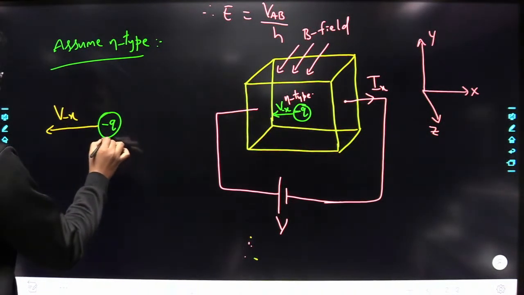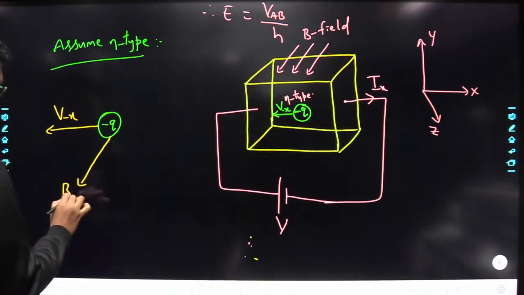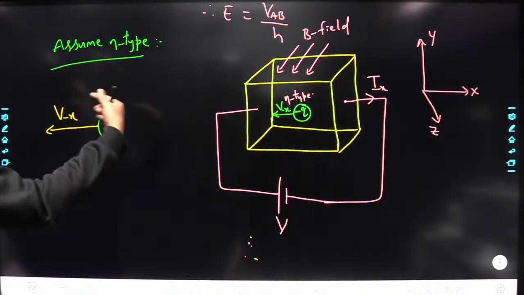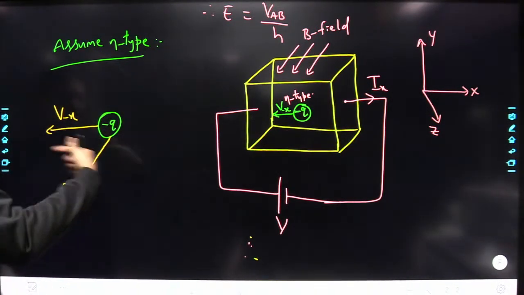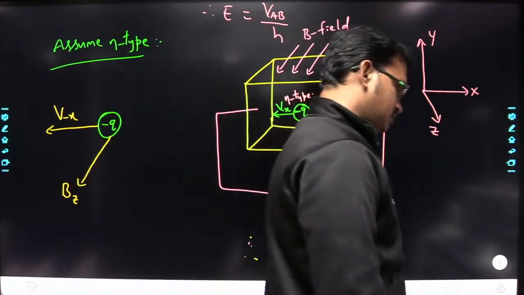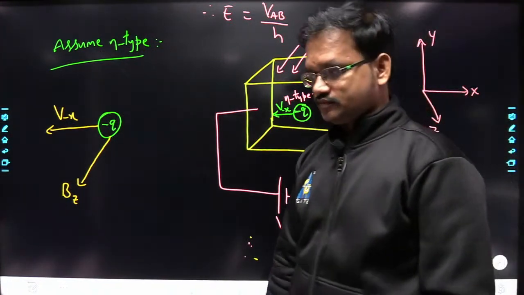And B field is acting out of the board, so it is BZ. Okay, so now in which direction it is going to experience the force? Tell me. The velocity is in negative x direction and the B field is in positive z direction. Now tell me in which direction this negative charge is going to experience the force.